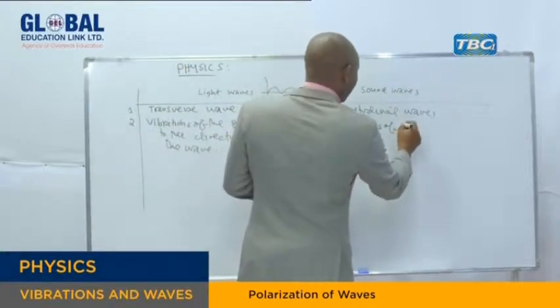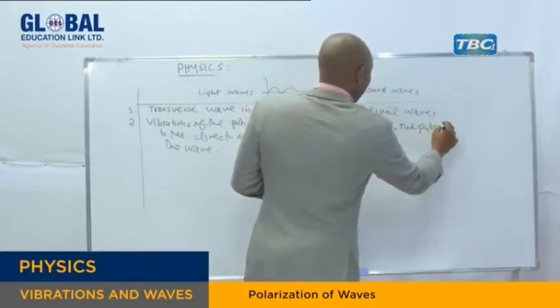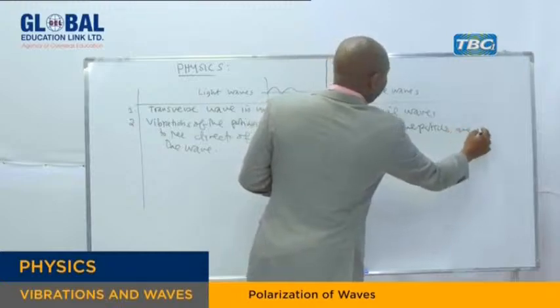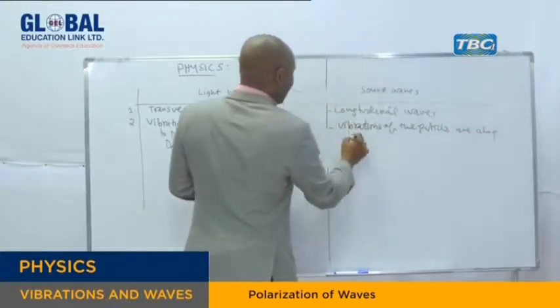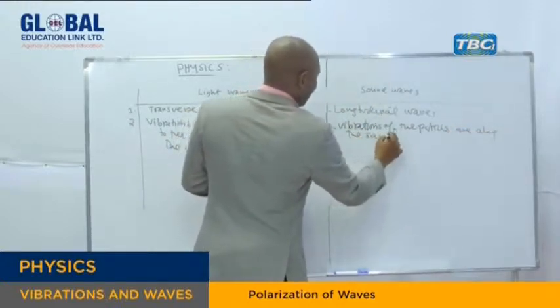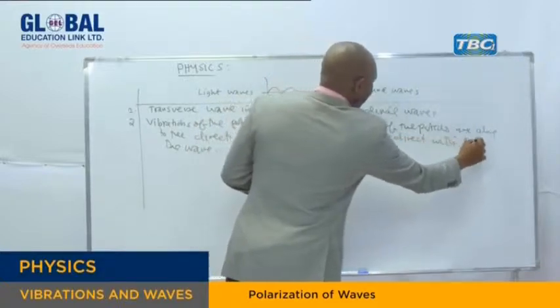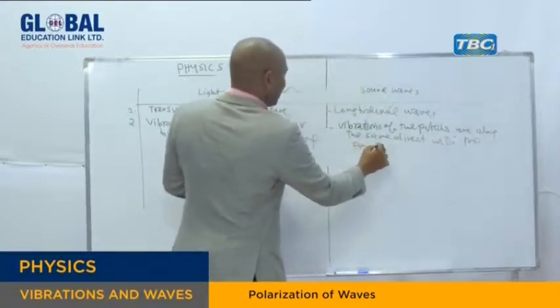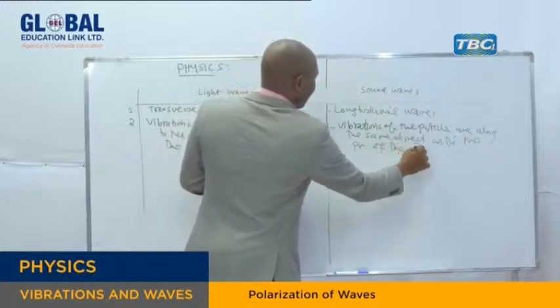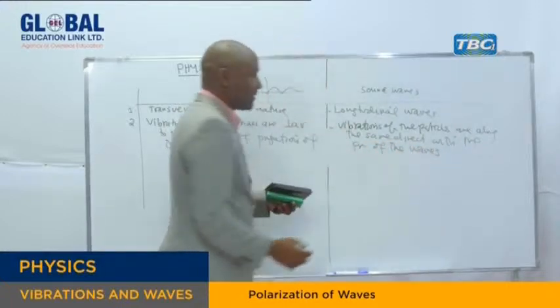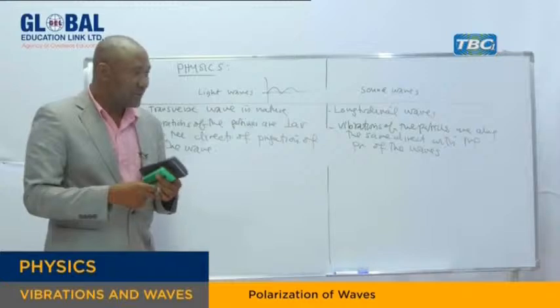In longitudinal waves, the vibrations of the particles are along the same direction as the propagation of the waves. I'm giving this point so that you cannot miss this question.